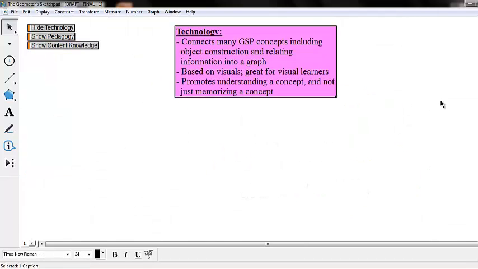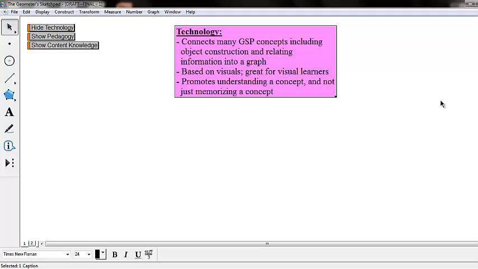Now for technology, this lesson plan illustrates my knowledge of Geometry Sketchpad because it connects many topics covered throughout the class. I used rectangles and circles to illustrate finding an area, and I related this information into a graph. And I used several different ideas to construct an understanding of a larger concept.